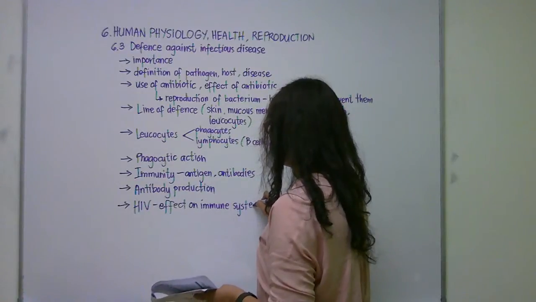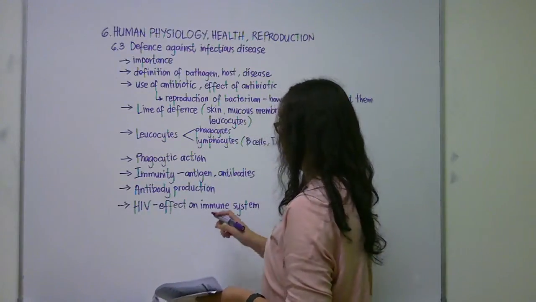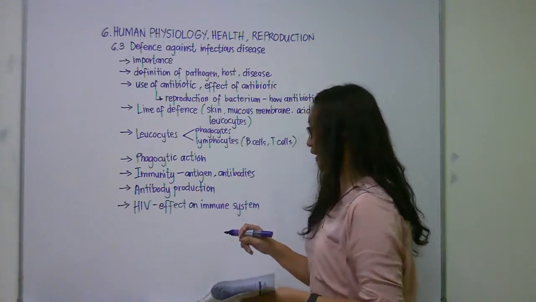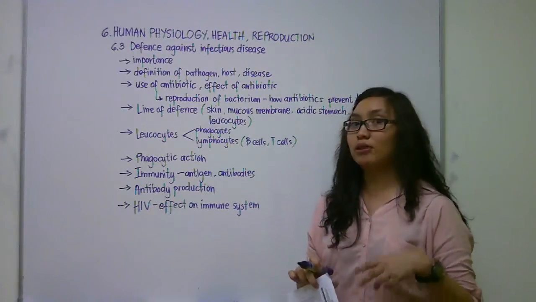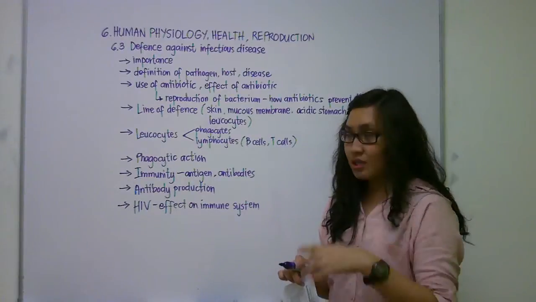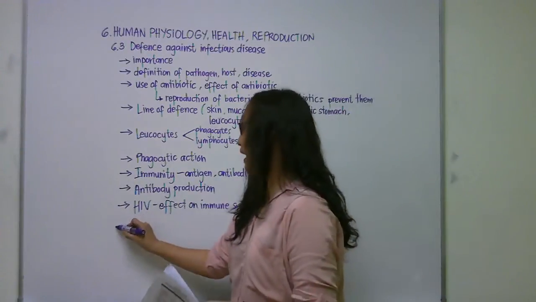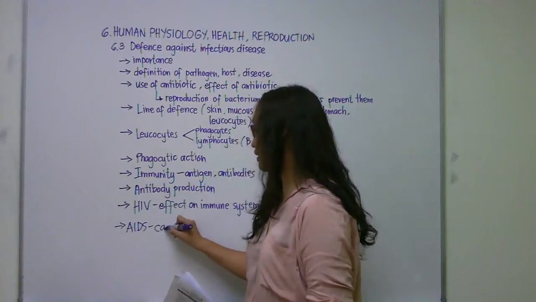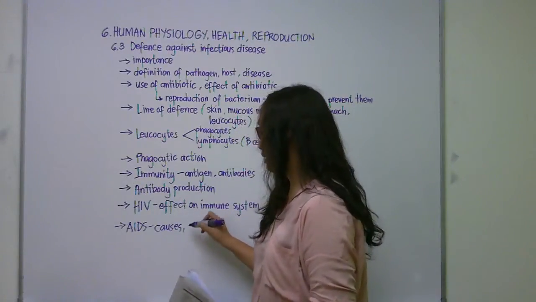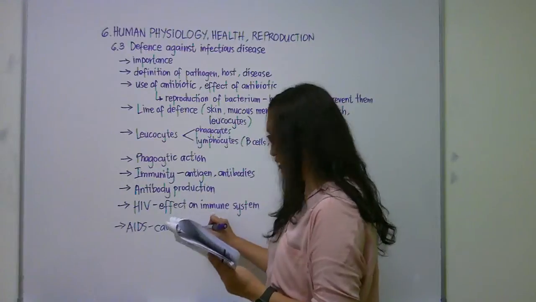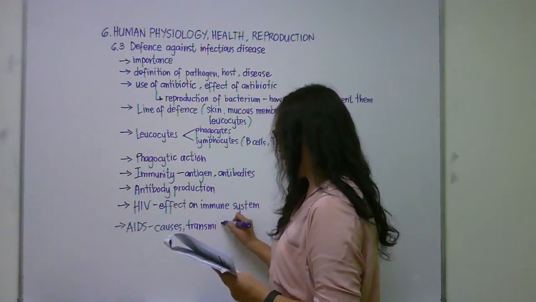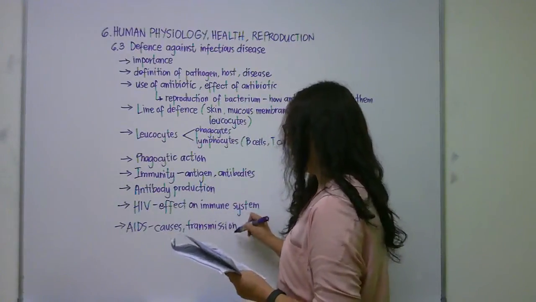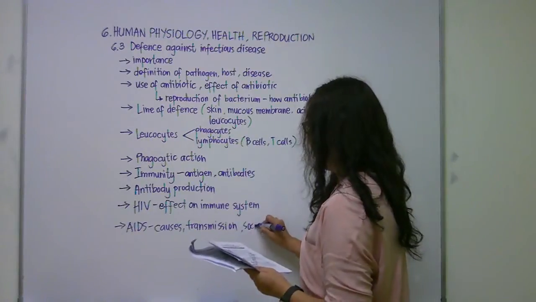Right after discussing the effect of HIV on the immune system, it will lead to AIDS. So, of course, we have to indicate the causes of AIDS, how it is transmitted, and the social implications of AIDS.